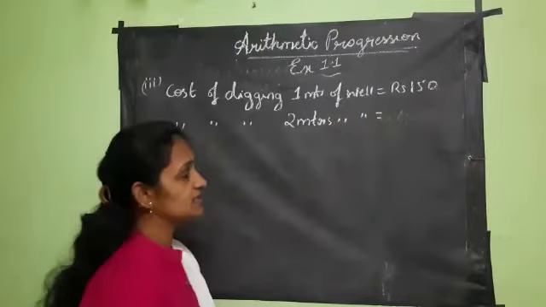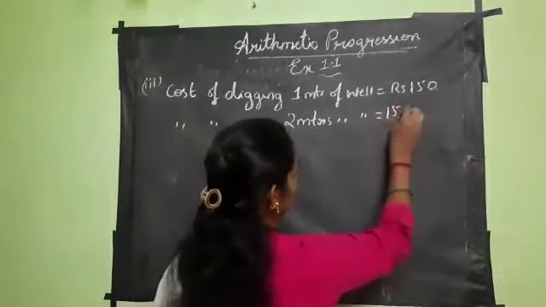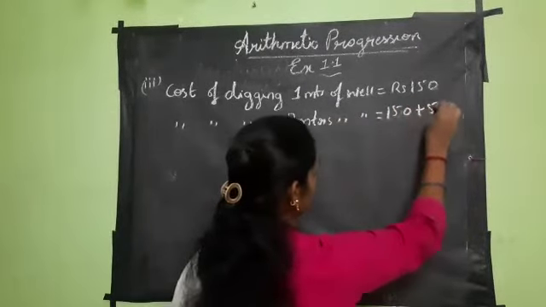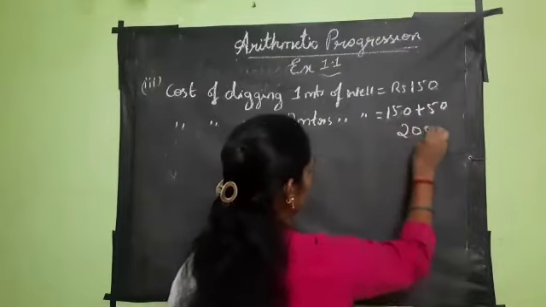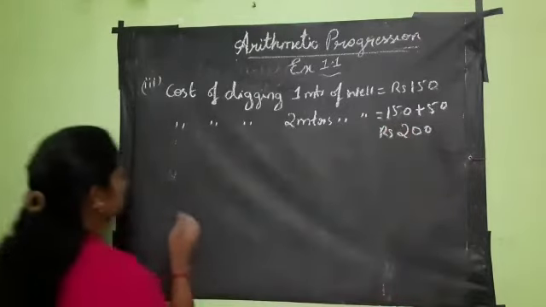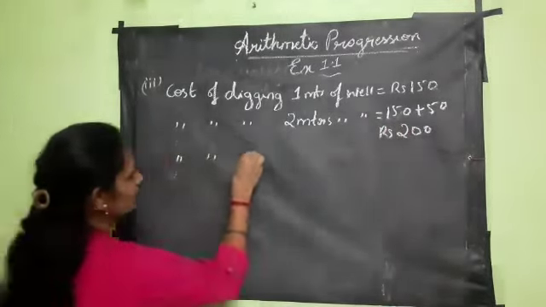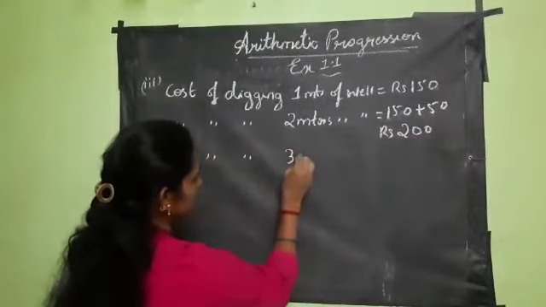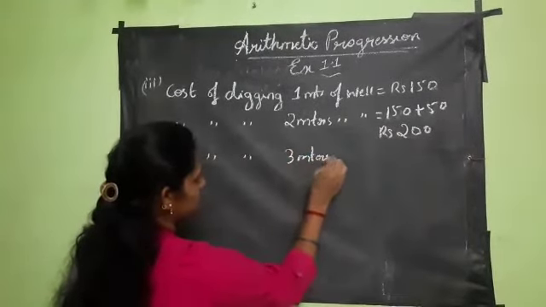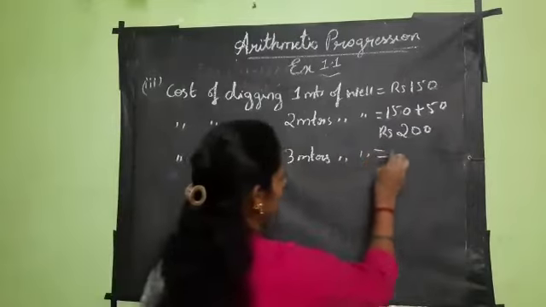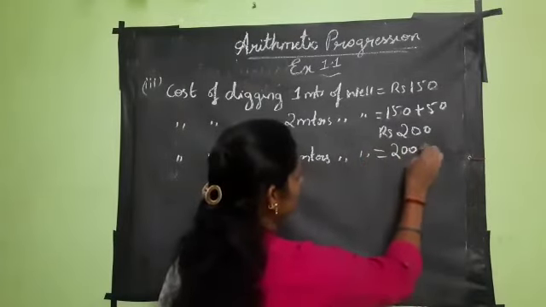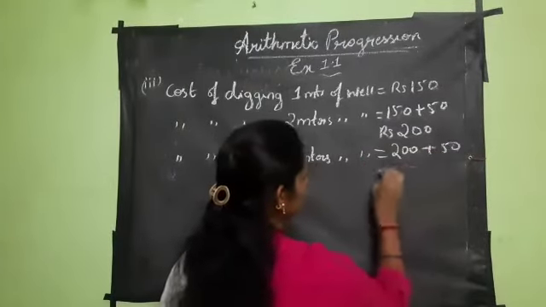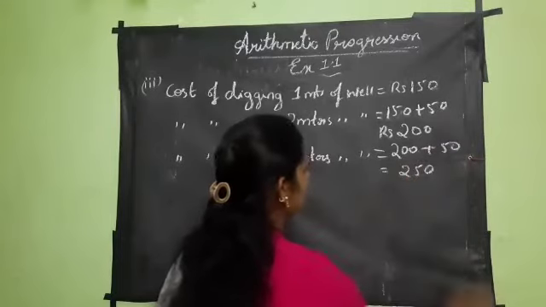So for 2 meters of well, 150 rupees plus 50, that is 200 rupees. Cost of digging 3 meters of well will be equal to rupees 200 plus 50, so that is equal to 250.